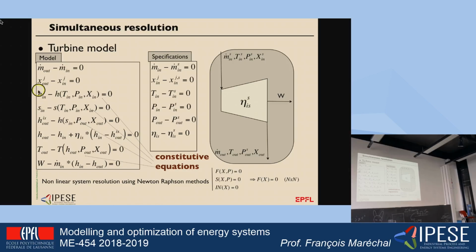And I will do it for the calculation of the enthalpy, I will do it for the isentropic enthalpy, I will do it for calculating the enthalpy at the outlet, and I will do it for calculating the temperature, and I will do it for calculating the energy balance.